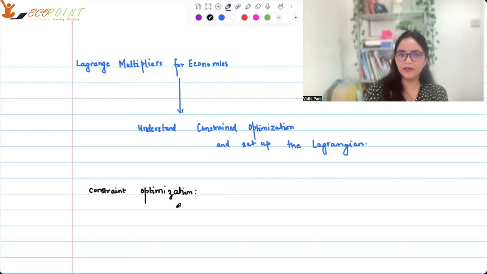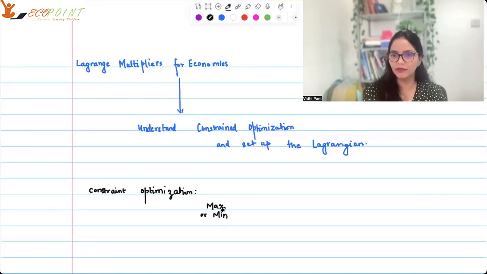Mathematically speaking, a constrained optimization will look like this: maximize or minimize, which I'm denoting as max min, the usual way of writing. Say we are talking about a two-input function, so a two-variable function f(x,y).